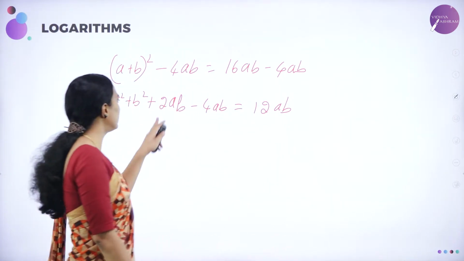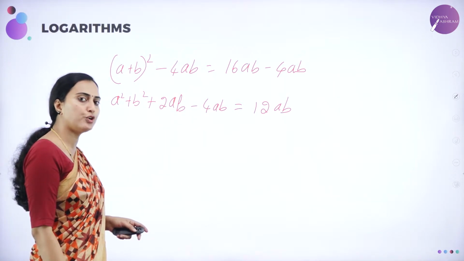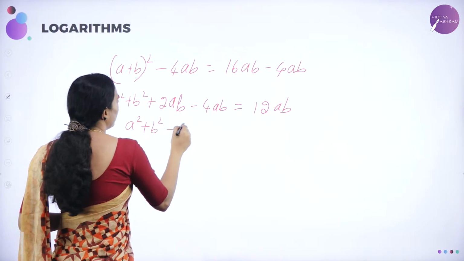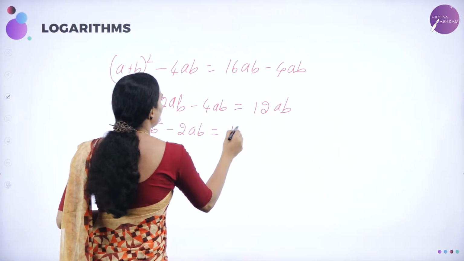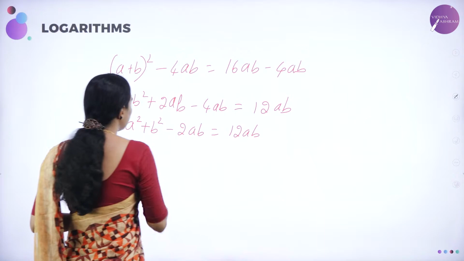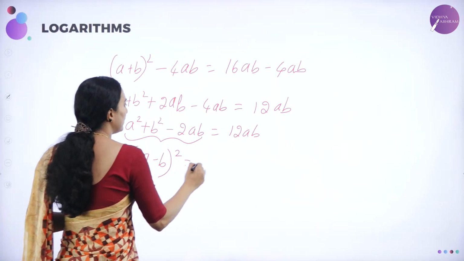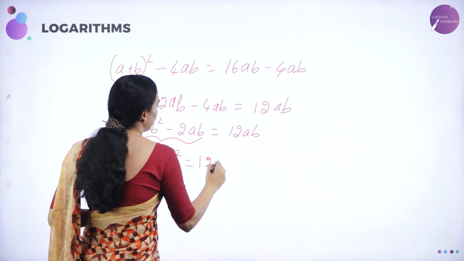Now you can subtract this one. 2ab minus 4ab gives you minus 2ab. Therefore, a squared plus b squared minus 2ab is equal to 12ab. Otherwise, you can write it as (a minus b) whole squared is equal to 12ab.